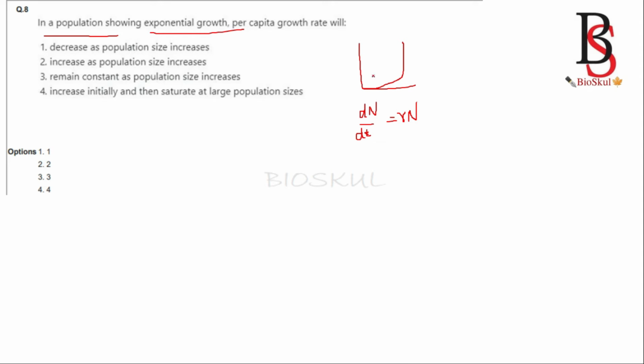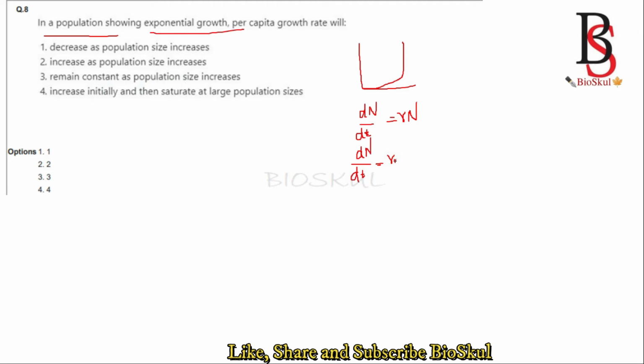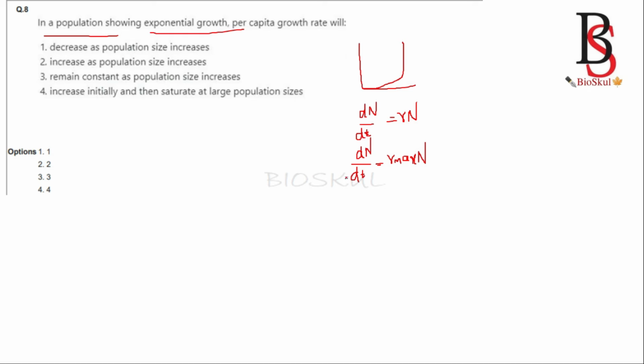If the population is showing exponential growth, then the formula will be dN divided by dt equal to r max multiplied by N. I have a video on exponential growth of population, so please watch that video also. Okay, it is the r max and N.